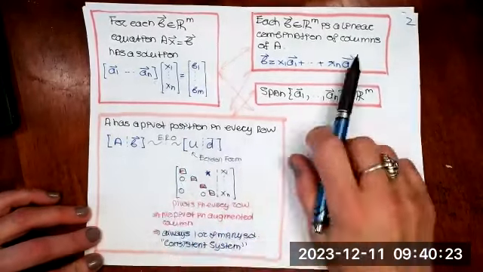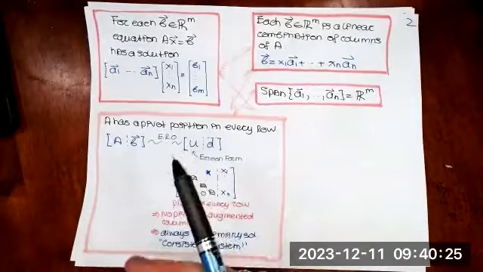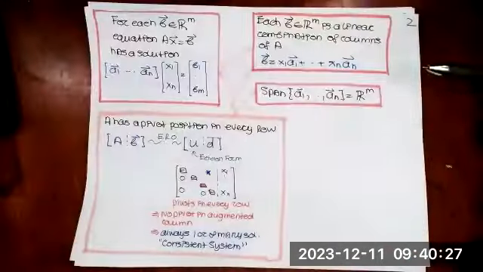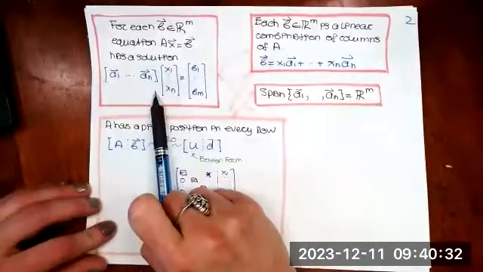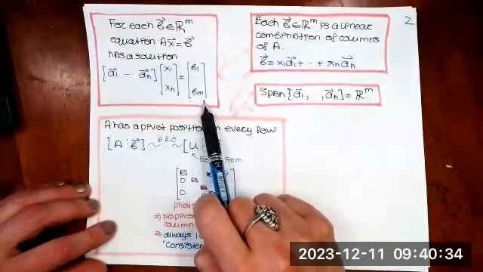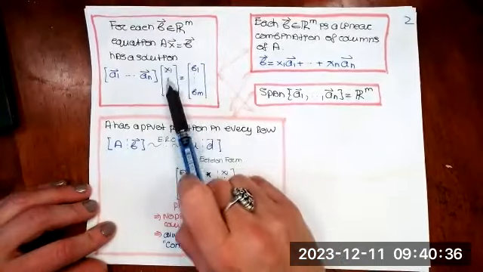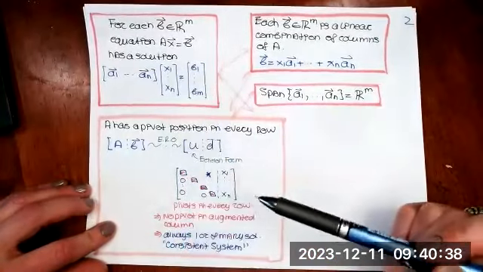This is all related to what we had on the previous page, except now we're talking about my linear transformation being onto, so I can find a solution for any vector b here.